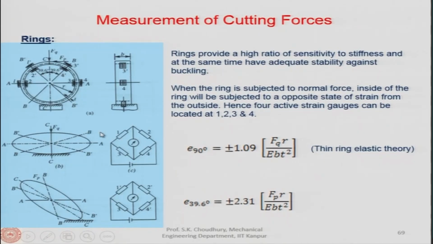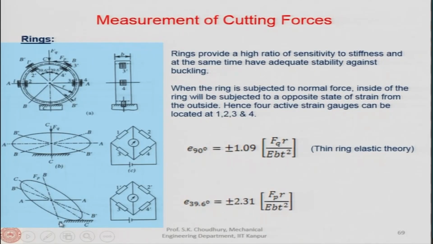So, we will have two sets of strain gauges, and these gauges will sense this force F perpendicular to this axis, which is the normal force, or sometimes we call it the thrust force. Now, the Fp, this is the tangential force, will be sensed by the sensors given in 1 prime, 2 prime, 3 prime and 4 prime. Well, why is that?